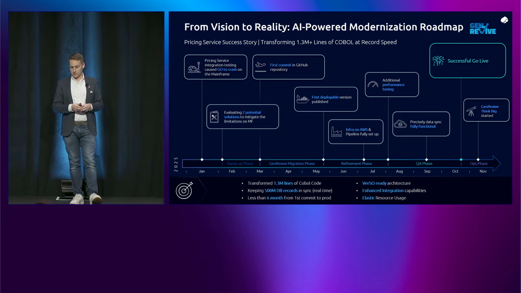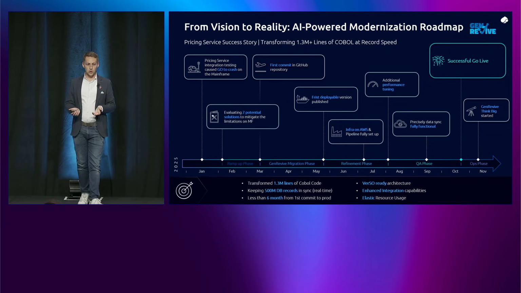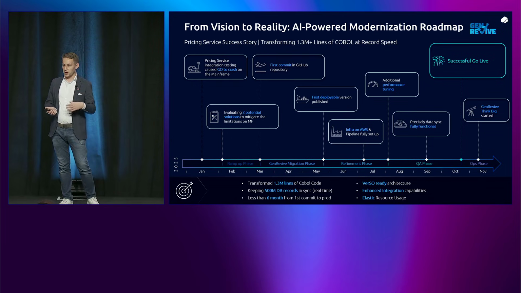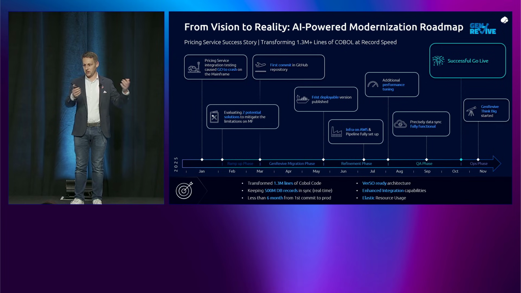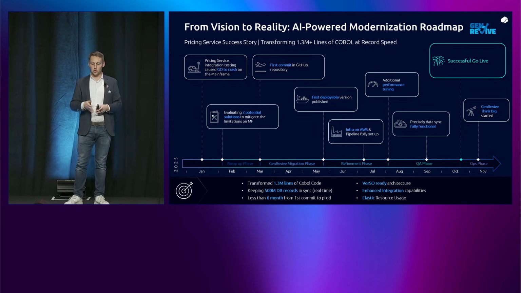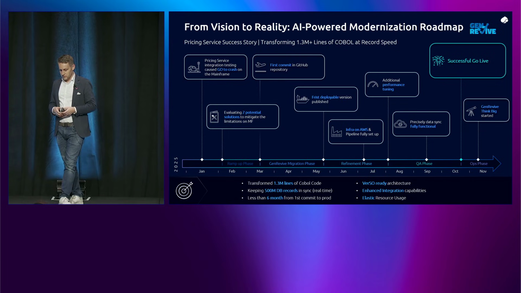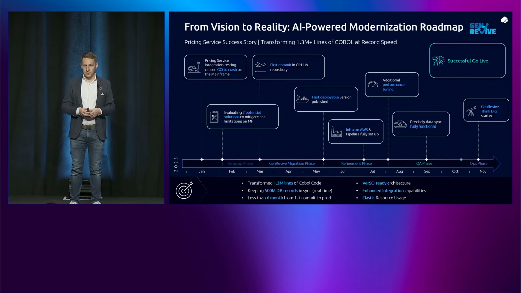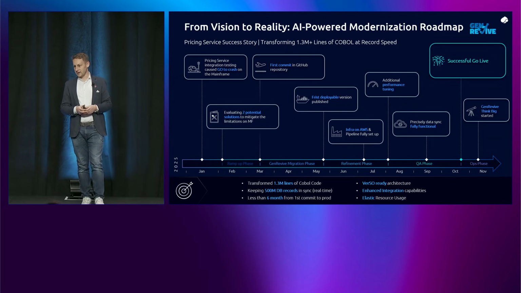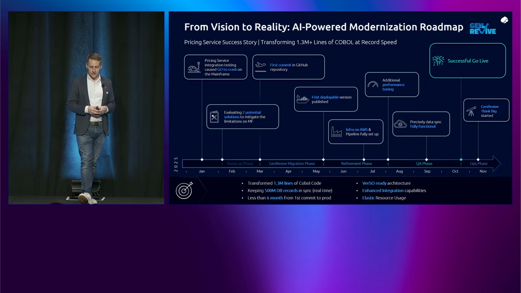So the problem was what to do. Should we up the mainframe infrastructure and just make it bigger to handle those calls? Or the other solution was to try GenAI. And in fact, it was trying GenAI, not fully knowing if it would succeed.